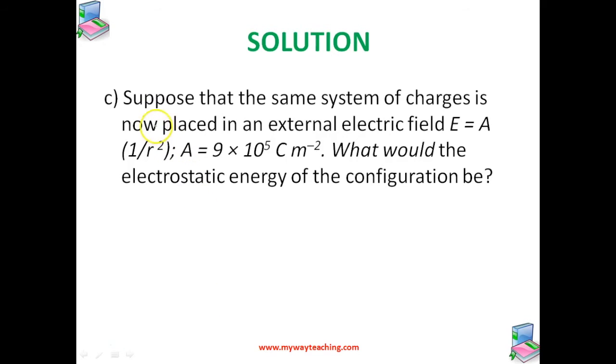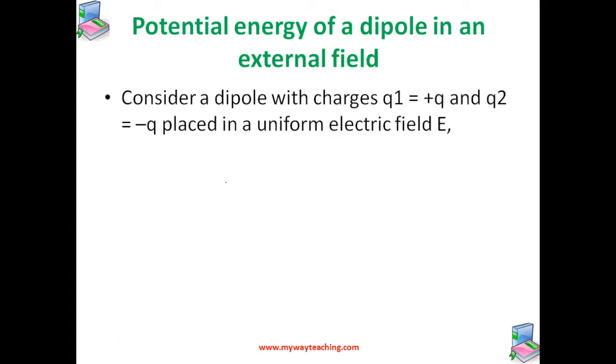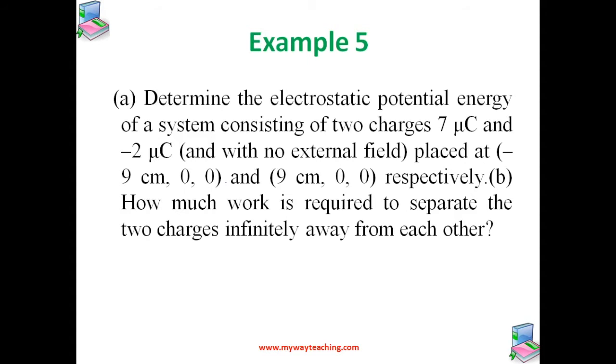The third part of the question is, suppose that the same system of charges is now placed in an external electric field E equal to A by R square, where A is 9 into 10 raised to 5 coulomb per meter square. What would be the electrostatic energy of the configuration? Okay, so now let us find the solution for the first part.